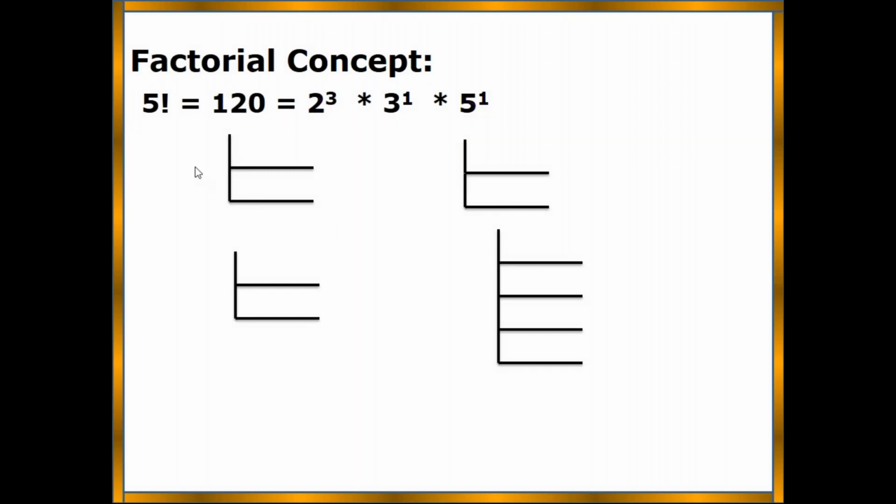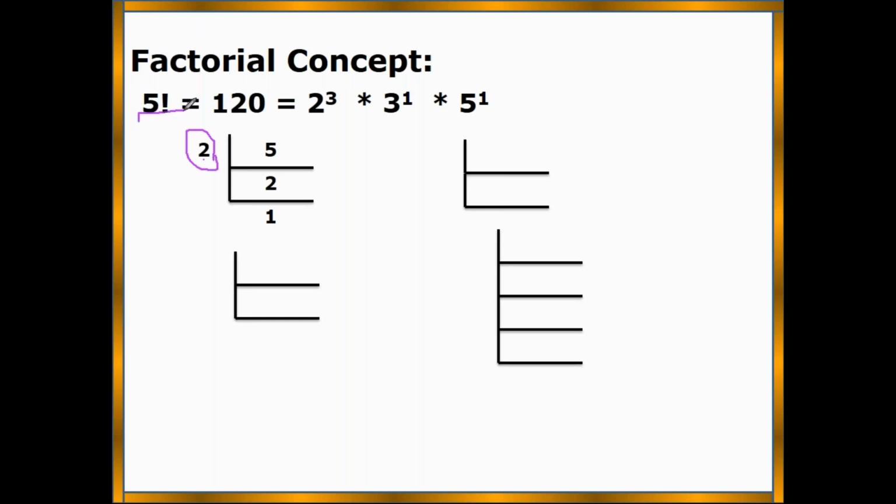So for example, I want to get the power of 2 in 5 factorial. Whatever power is required, that is called the divisor. If we want the power of 2, 2 is the divisor.